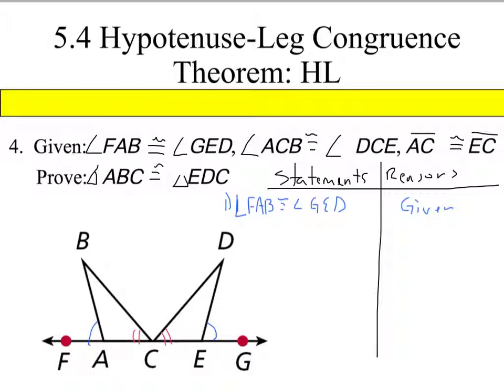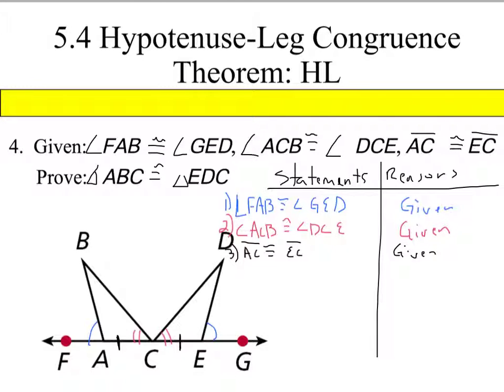And the reason for that is also given. Step 3, AC is congruent to EC. AC is this side right here, EC is this side right here, and we're going to put that in our proof with, again, the reasoning of given.